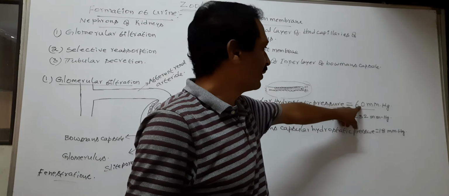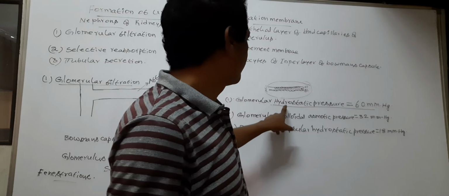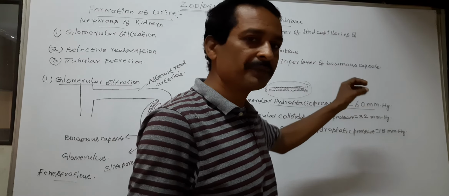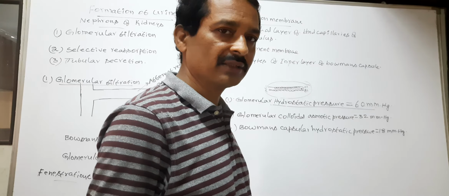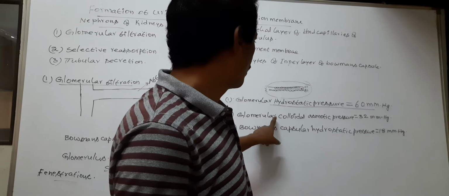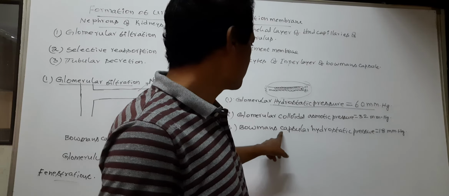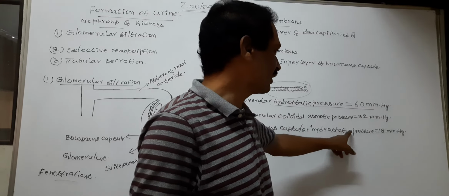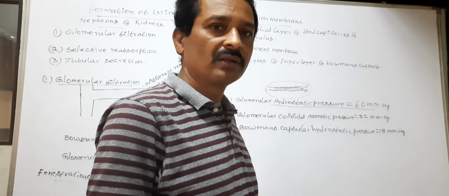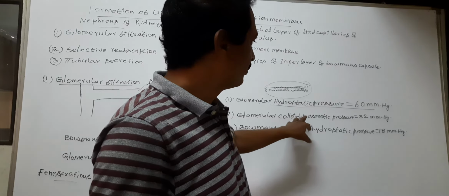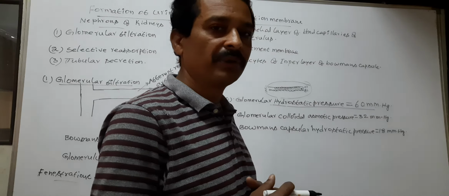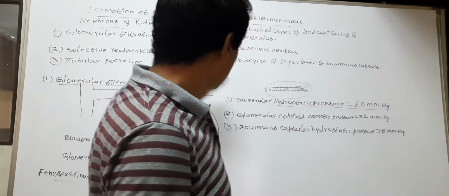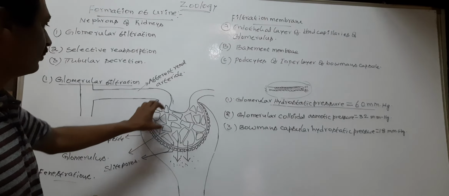The 60 mmHg of glomerular hydrostatic pressure helps in blood filtration, but the other two try to prevent the blood filtration.